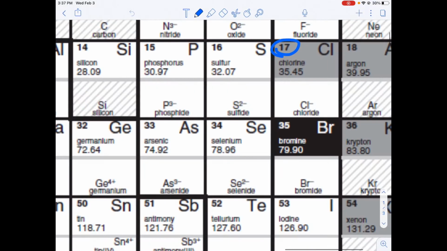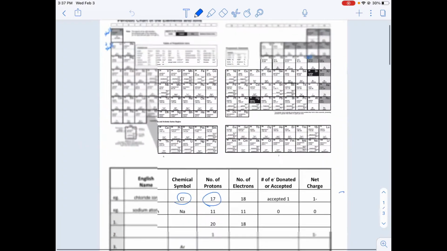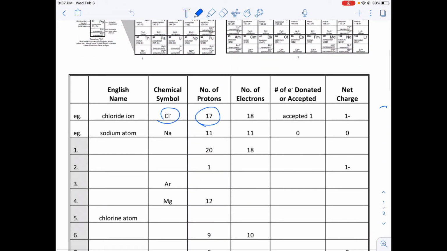So the 17 protons is here. Chloride ion has a 1 negative charge, so it accepted 1 electron, and it ends up with 18 electrons. So it'd have 17 protons, 18 electrons, for a total of 1 negative charge.